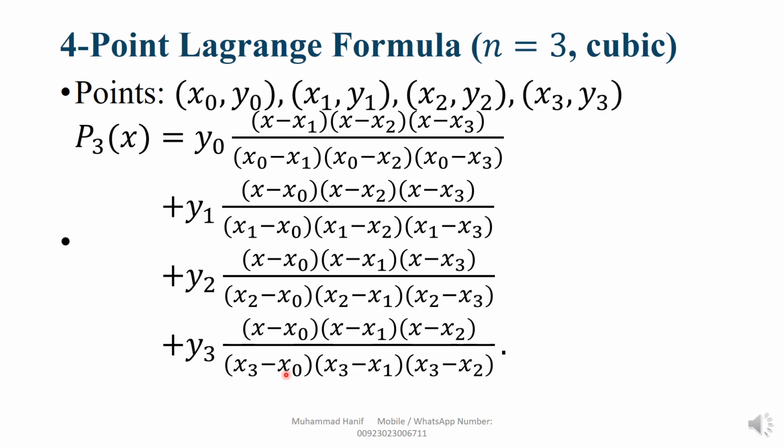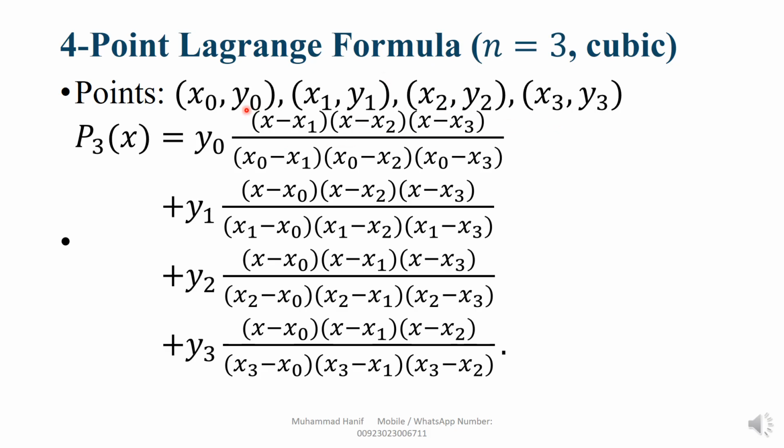If we write same numbers, then you also write the same: x0 same, x1 x1, x2 x2. You can see both points will be same in every point. We get the 4-point Lagrange formula here.